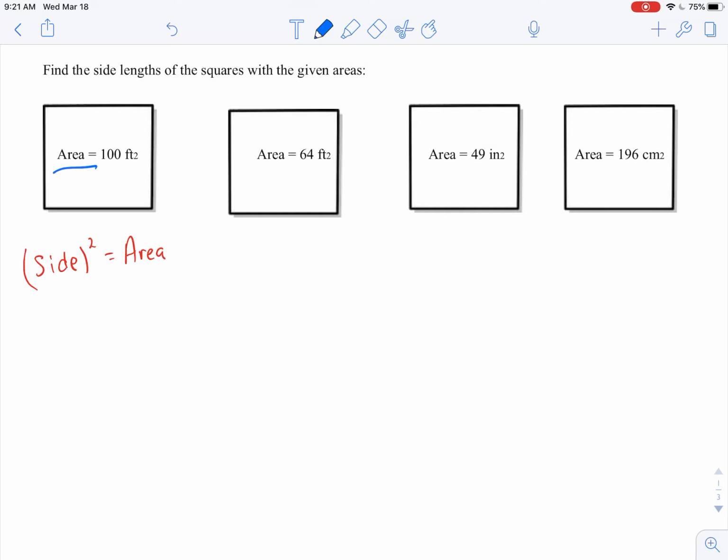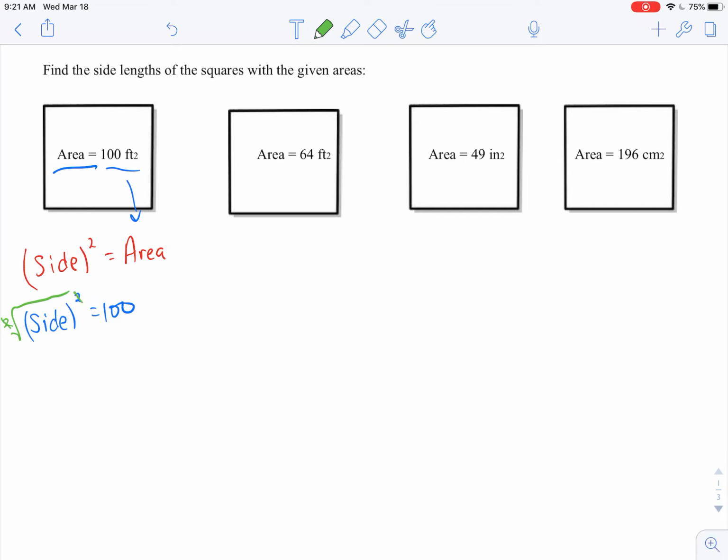So now, if my area is 100 feet squared, and I'm not sure why this didn't transfer over to the PDF, but we can take my area, plug it in for the area, and say the side length squared is 100. And now the opposite of squaring a number is taking its square root.